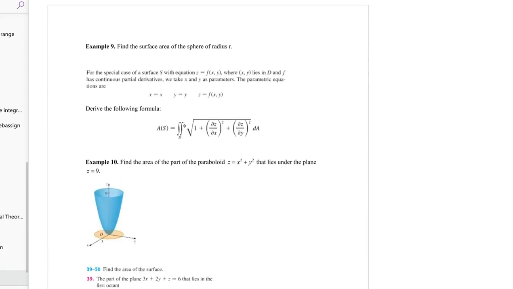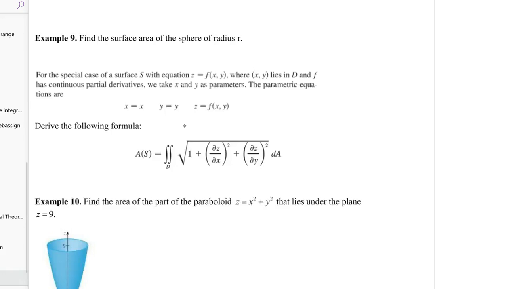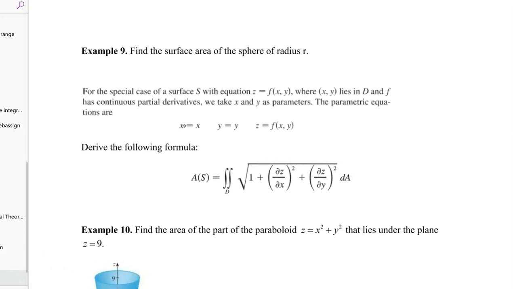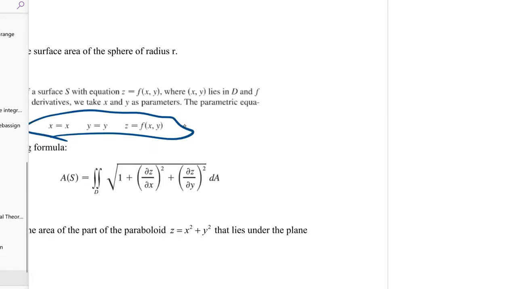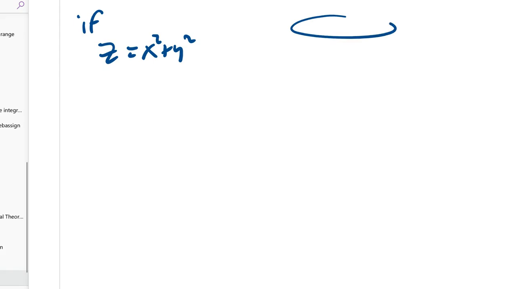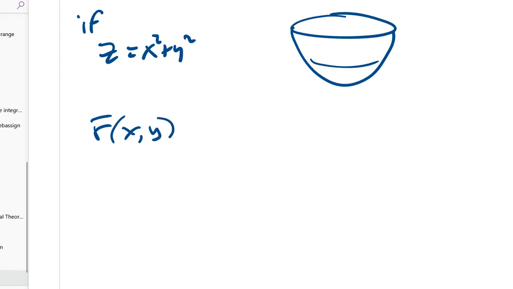All right, and I think that does it. Oh, one last thing. If your surface is described using z, then x and y can be your two parameters. It doesn't have to be this u and v business. So, for example, if z is x squared plus y squared, that's a paraboloid. Then the parametrization can be r of x, y is x, y, and then x squared plus y squared.